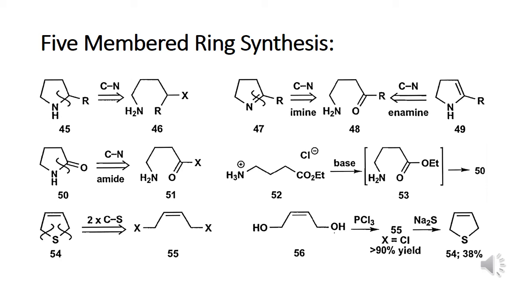So two disconnections at the alcohol oxidation level suggest the doubly allylic starting material, structure 55. As it happens, we can make the diol, structure 56, and using that we simply have to turn the hydroxyl groups into leaving groups, and cyclization with sodium sulfide gives this heterocyclic compound, structure 54, and the yield is 38%.